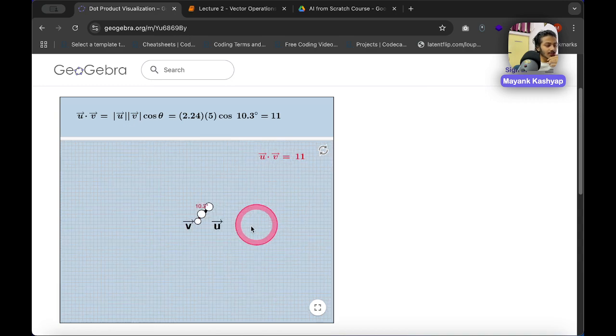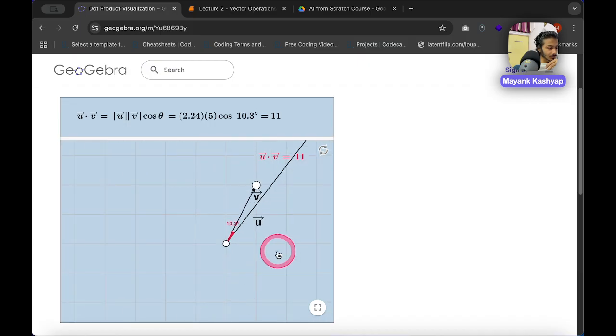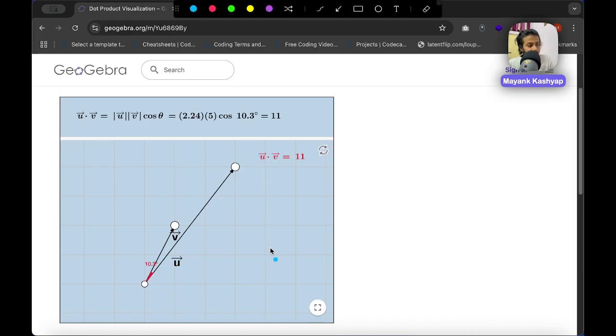Now, okay, wait, it got zoomed out. So this is like this. Now to calculate the angle, what we'll do is simply what we did here, the dot product and dividing by the multiplication of the lengths.